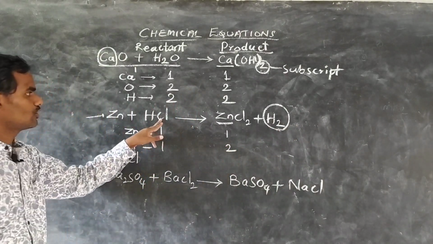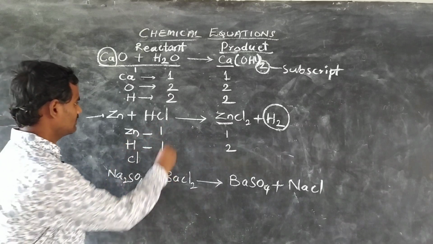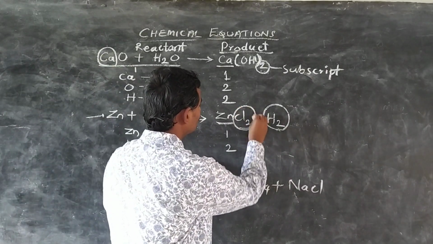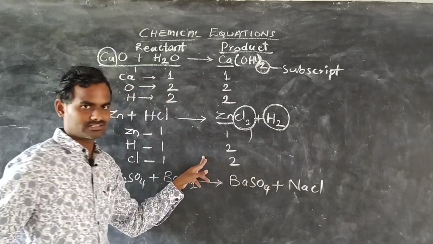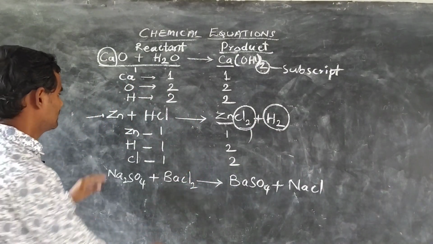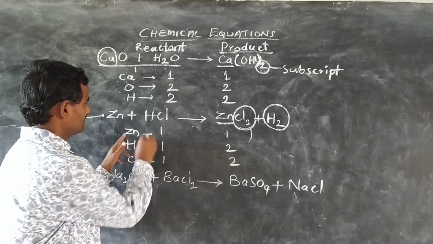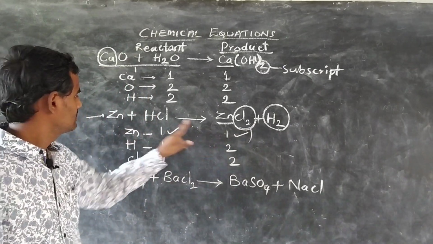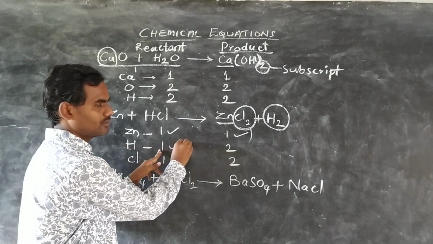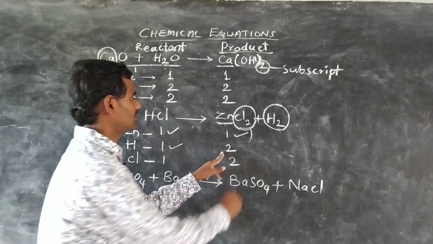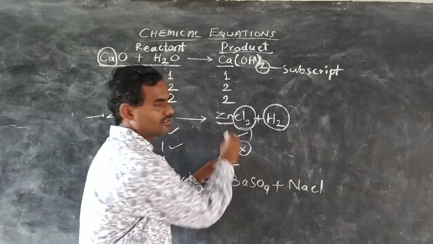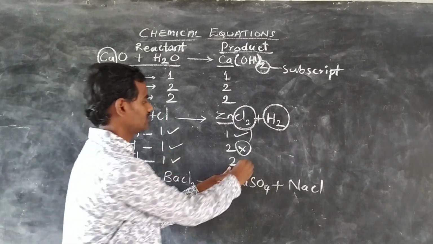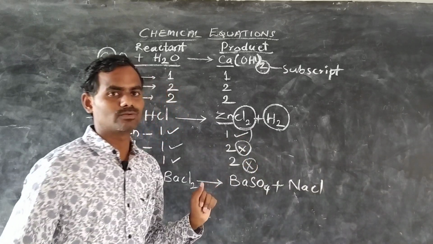Next, coming to chlorine, here how many chlorines are there? Only 1 chlorine on the reactant side, and 2 chlorines on the product side. If we observe these three, zinc is the same on both sides, hydrogen is 1 on the reactant side and 2 on the product side, so it is not equal, and chlorine is 1 here and 2 there, so this is also not equal.